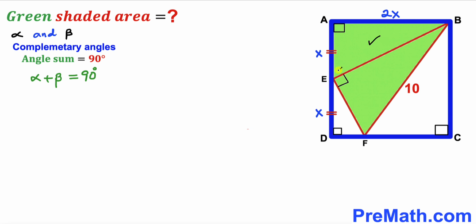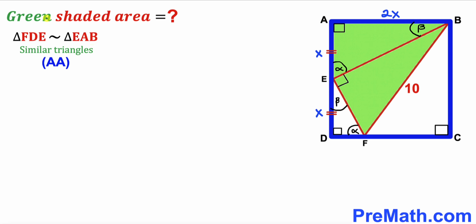If I label this angle alpha, we know this angle is 90 degrees, so this angle has got to be beta. Furthermore, this angle is 90 degrees, this angle is alpha, so this remaining angle has got to be beta. Finally, in triangle DEF, if this angle is beta and this angle is 90 degrees, then this angle has got to be alpha.